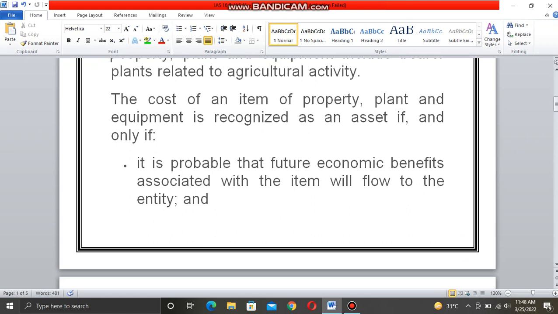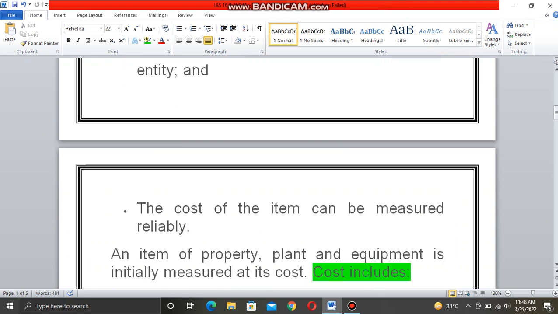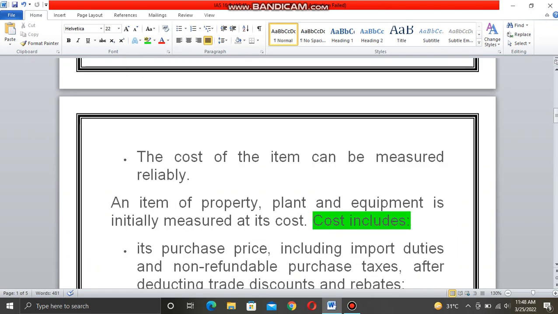You have a plot, a piece of land, and you have a building, plant and machinery. So the future economic benefit associated with these types of items will flow, the profit will flow toward the entity in the income statement or any other financial statement. The cost of the item can be measured reliably, easily and conveniently.